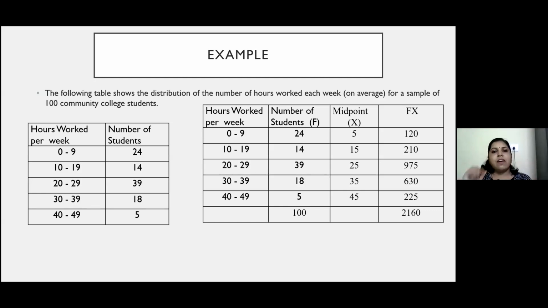So 5 is taken as the mid value. 10 to 19, 15 is the mid value. 20 to 29, 25. 30 to 39, 35, and 40 to 49, 45.